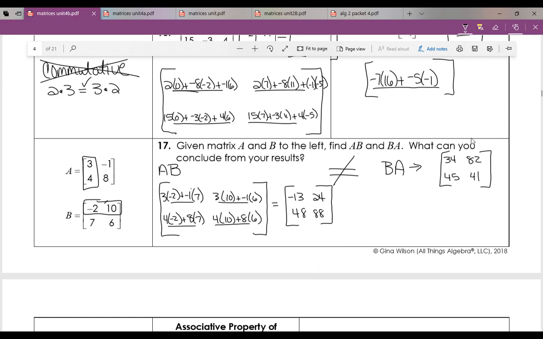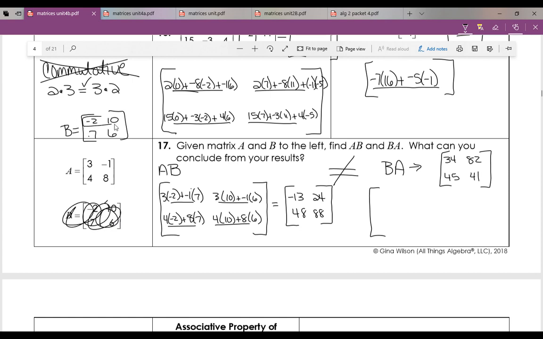So B times A, that's the final outcome. Now, I'm weird, I have to see it this way. So I'm going to do my negative 2, 10, 7, and 6. Whatever goes first, I just need to see it first.